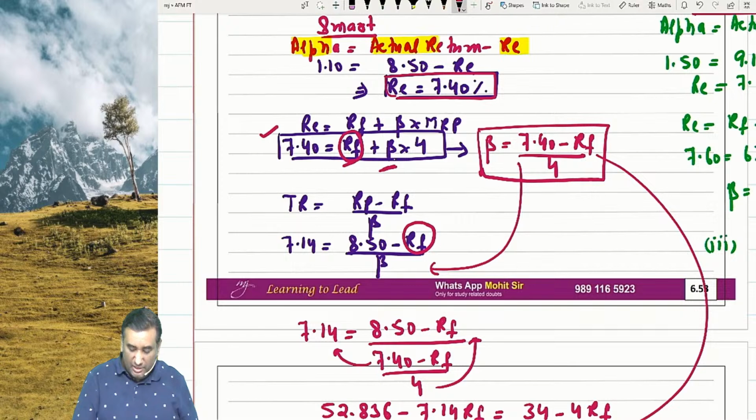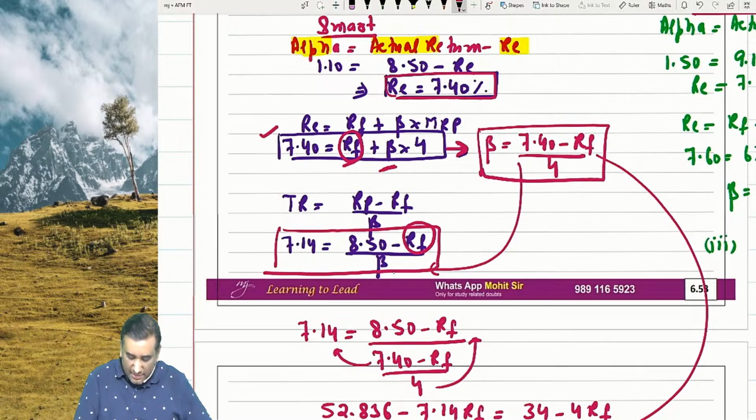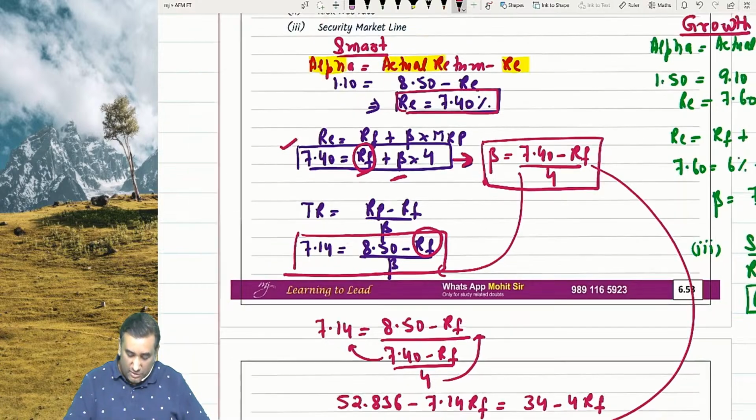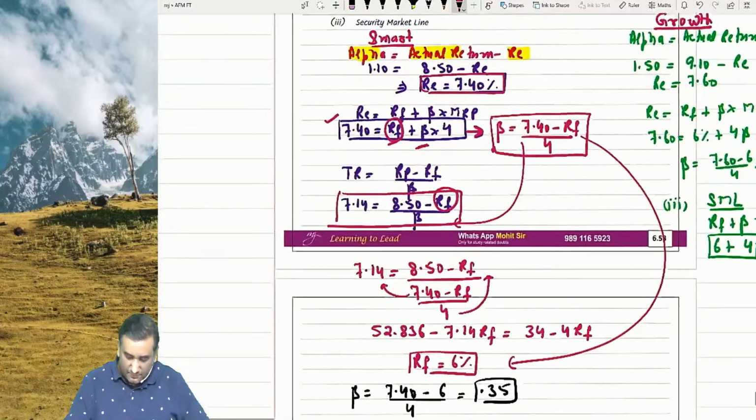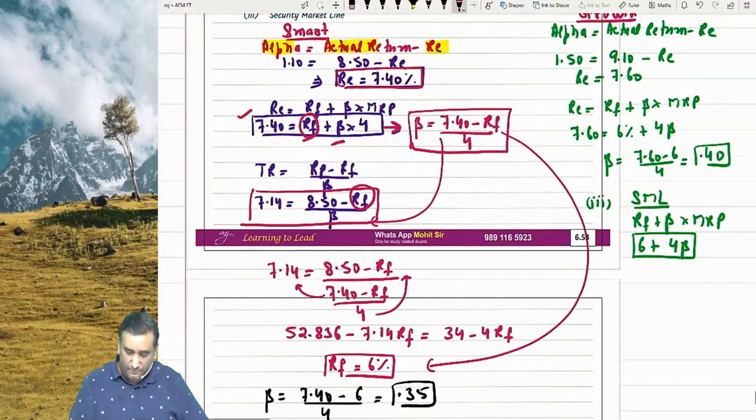From here I can put the beta: beta is equal to 7.4 minus RF divided by 4. The moment I substitute beta, everything would be in the RF form. And then when I solve this equation, I get some answer.